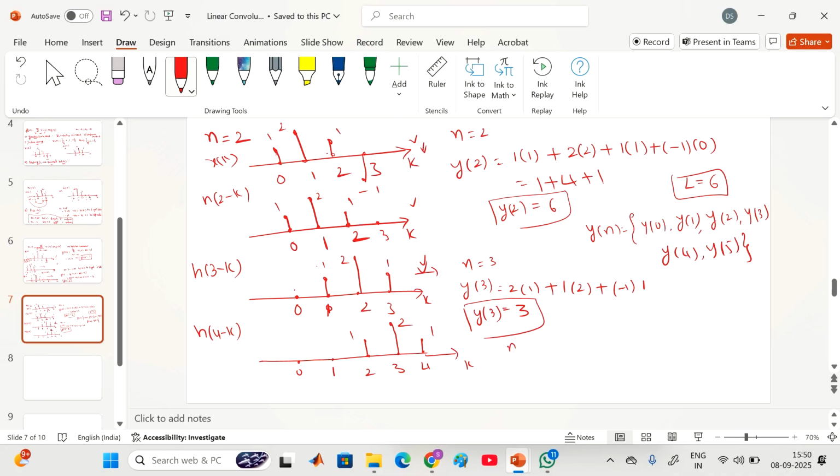So therefore y of 4 is equal to, again if I see the common slots are k is equal to 2 and k is equal to 3. So the remaining values will be multiplied by zeros. So I have 1 into 1 minus 1 into 2 is equal to minus 1. So y of 4 is equal to minus 1 is the answer.